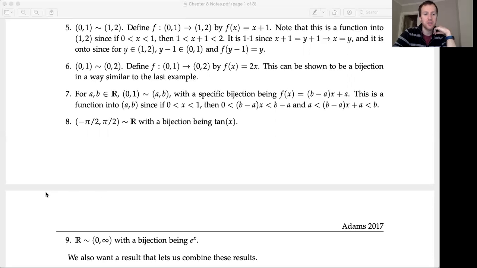So we have these specific results. We also want to talk about combining them. And we can combine them using things that we've already proved, just restated in this equinumerous terminology.